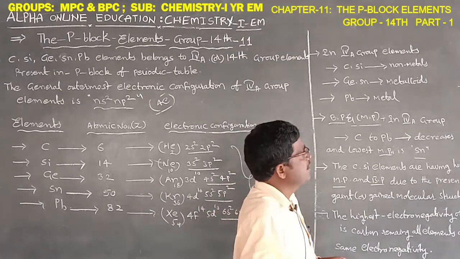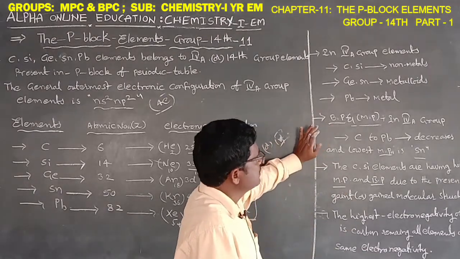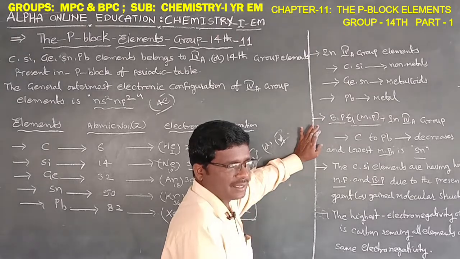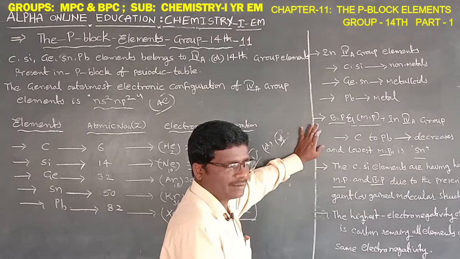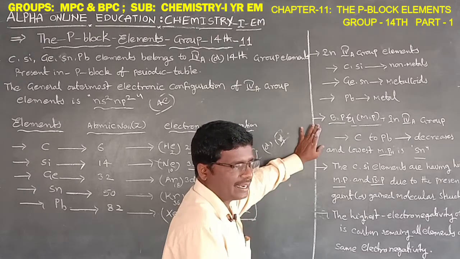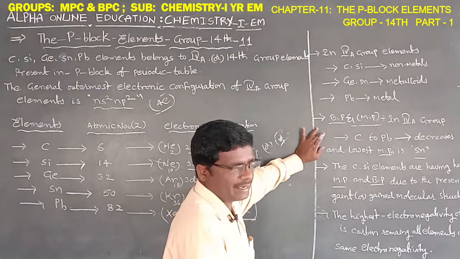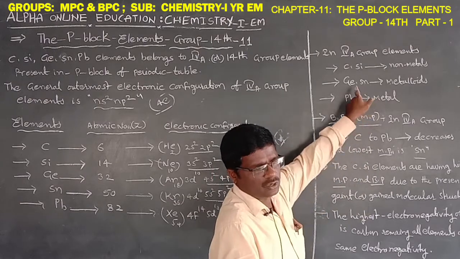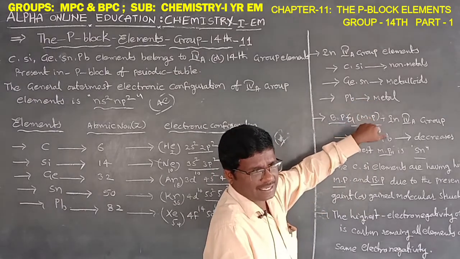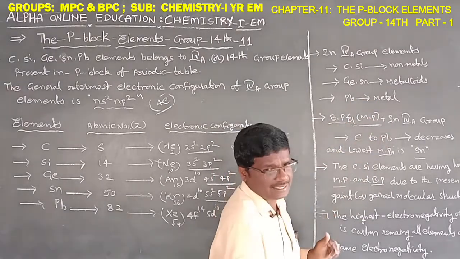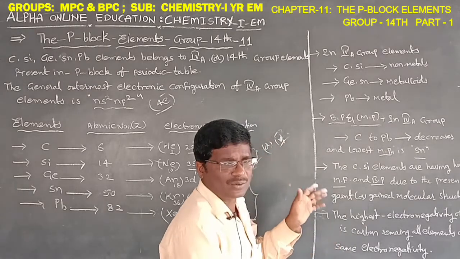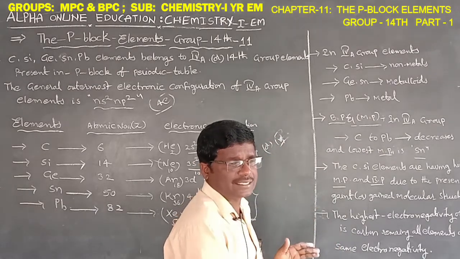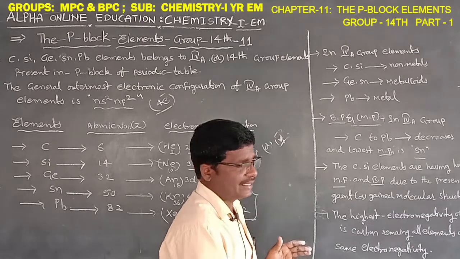That is the general characters of the fourth A group elements. In fourth A group elements, carbon and silicon are non-metals, germanium and tin are metalloids, and lead is a metal. In any group, from top to bottom, non-metallic nature decreases and metal nature increases, but in a period from left to right, non-metallic nature increases and metal nature decreases.